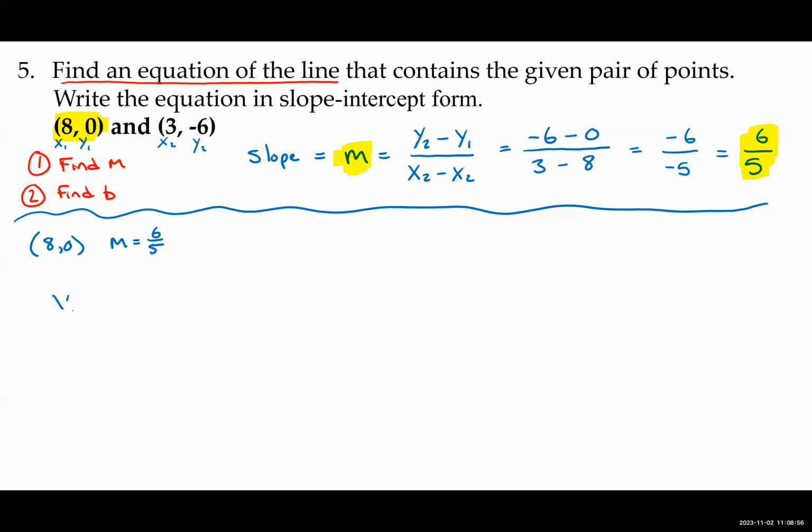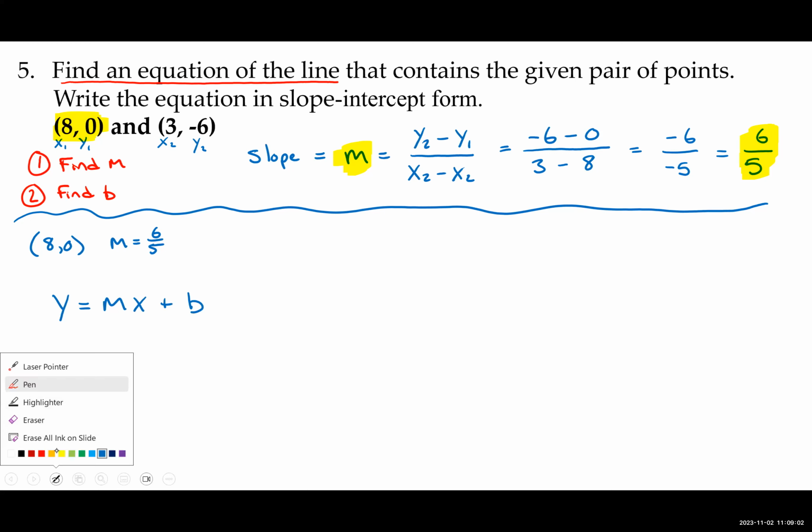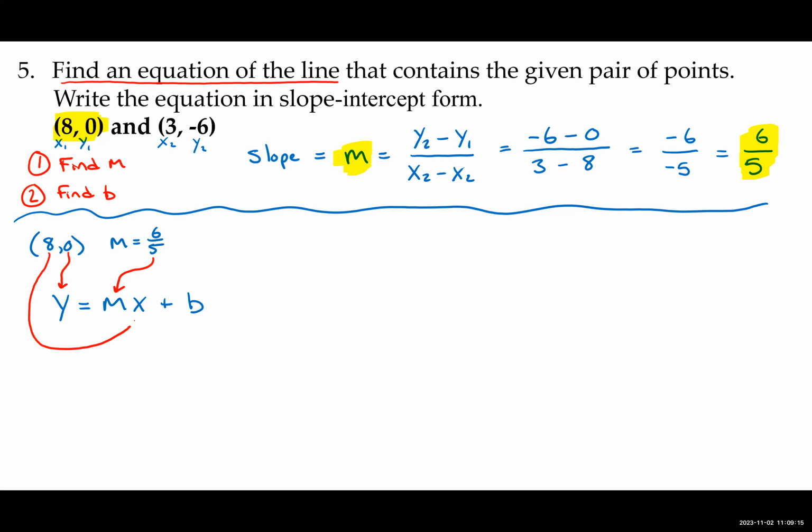All right, so y is equal to mx plus b. All right, the m goes in for m, the 6/5. The 0 goes in for y. The 8 goes in for x. This is exactly how I had it written out with these 3 red arrows before.